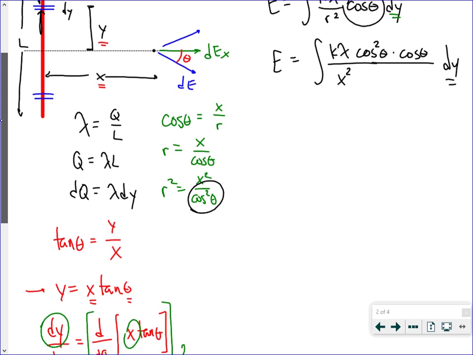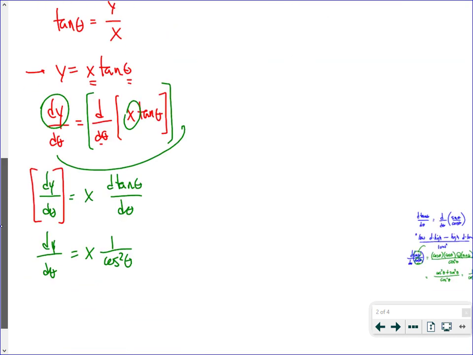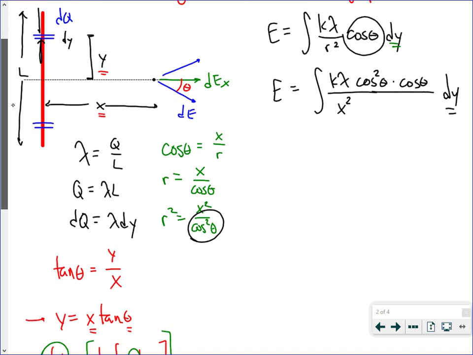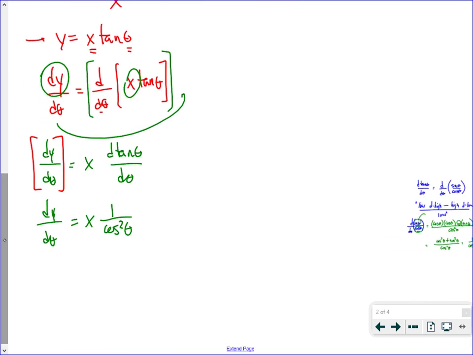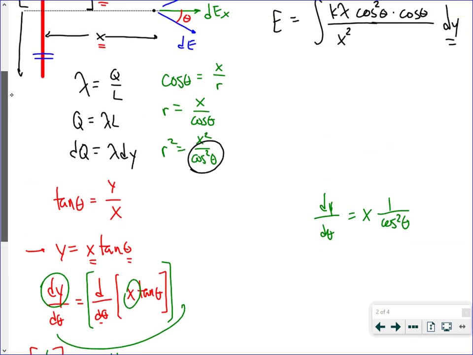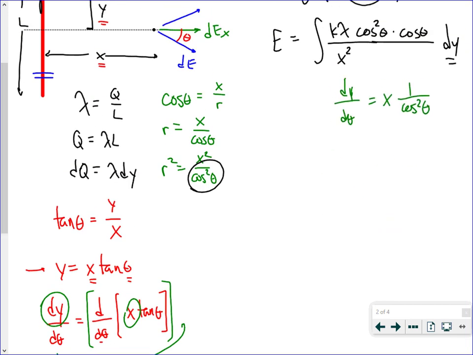There's not a ton that we still need to do other than say, what's dy? Let's take this and get it up here. There's dy d theta, which is to say that dy is x over cos squared theta d theta. And now for this dy, if we put that in, we're variable, variable, d that variable. And life is getting better.